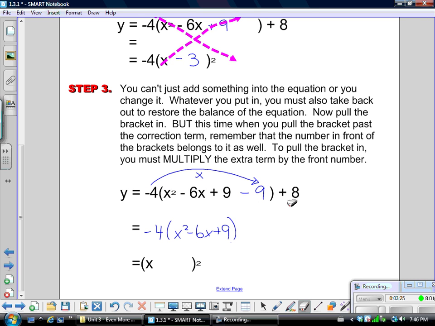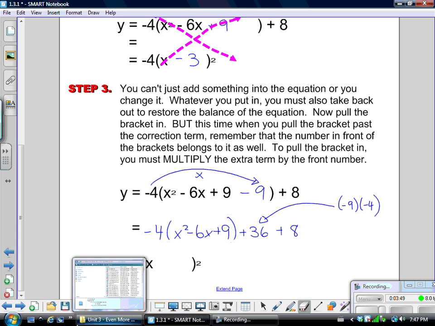So that means when I take that negative 9 outside the bracket, I also have to multiply it by the negative 4. So negative 4 times a negative 9 would be a positive 36. Okay, and the reason it's positive 36 is because remember it's negative 9 times the negative 4. We also still have the plus 8, so it has to be there.